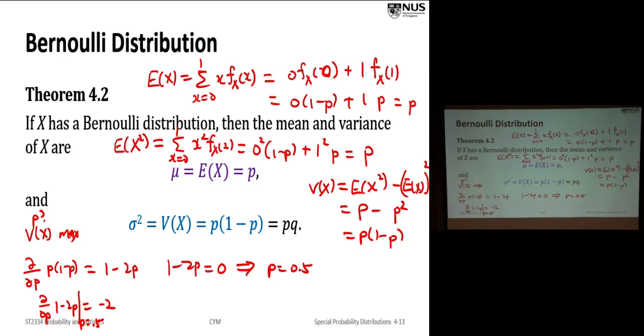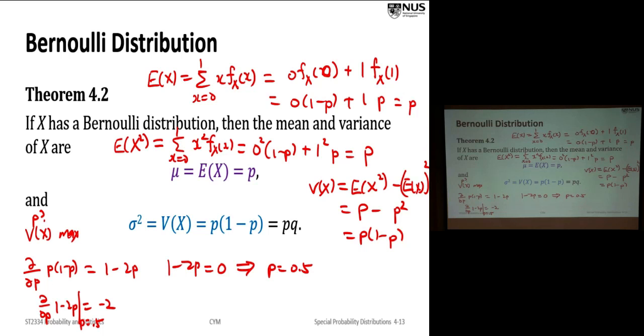So is the variance maximum or minimum when p equals 0.5? Oh, all returns to your calculus teacher. When the second derivative is negative, it's a maximum, because the slope of the first derivative is negative.